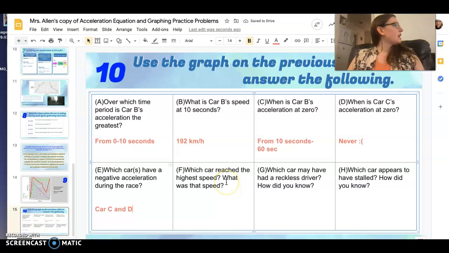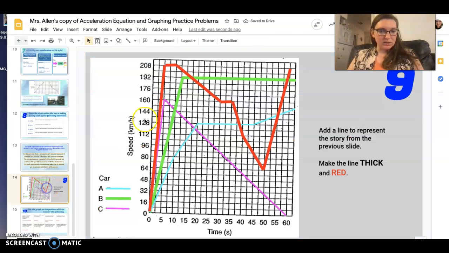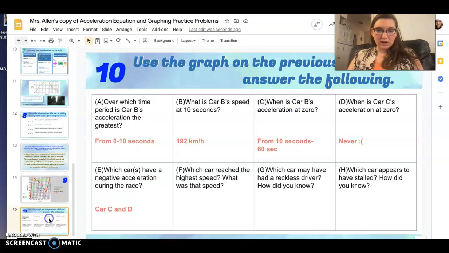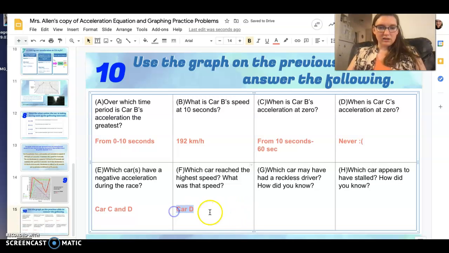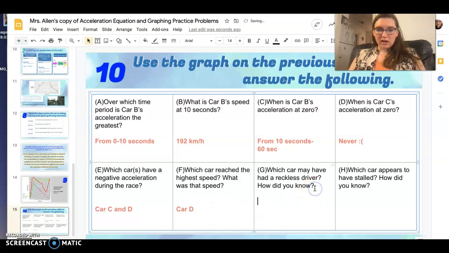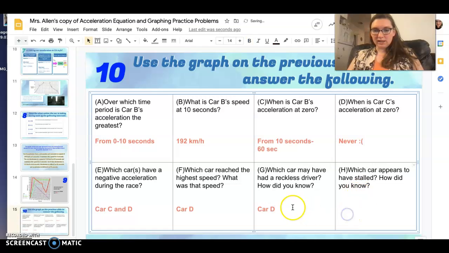Which car reached the highest speed, and what was that speed? That's car D, 208 kilometers per hour. Which car may have had a reckless driver? Car B and car D here, because they were just driving like a crazy person.